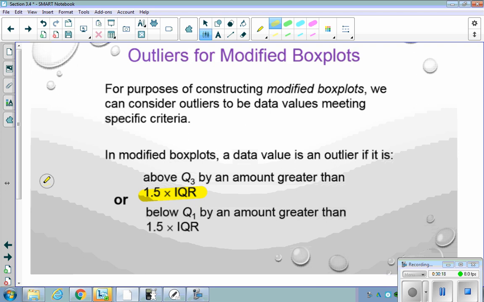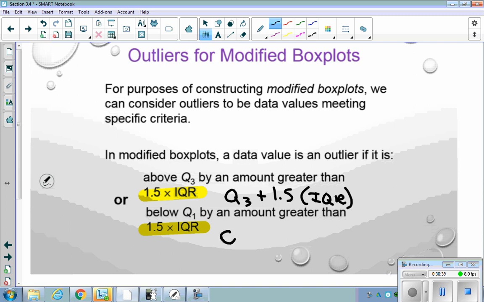1.5 times the interquartile range. So this, I'm going to take the third quartile, and I'm going to add 1.5 times the interquartile range.